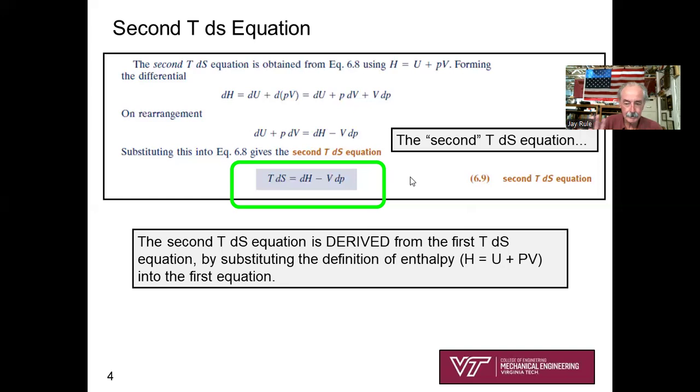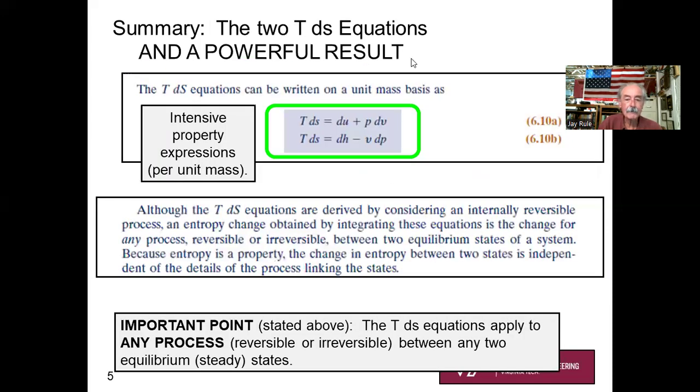All right, so you got that? I hope your head's not spinning, because we're getting near the finish line here. Now, in our class, we're going to be using these two differential equations on a per mass basis.